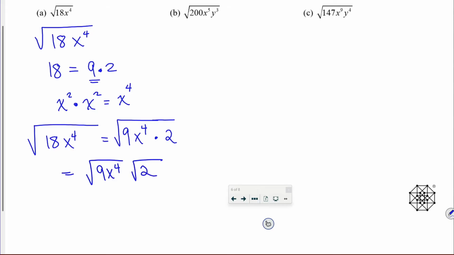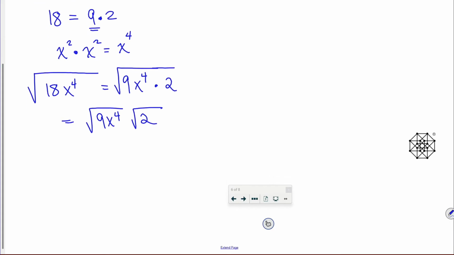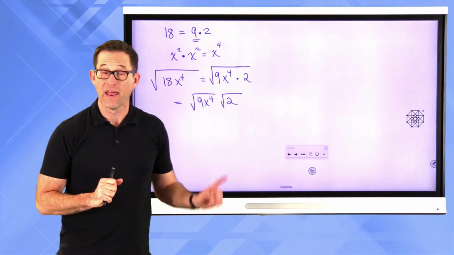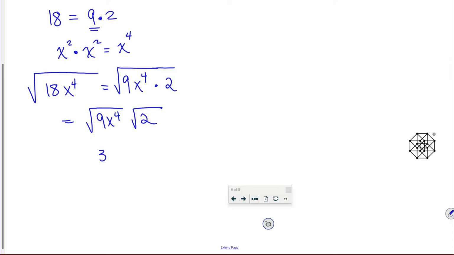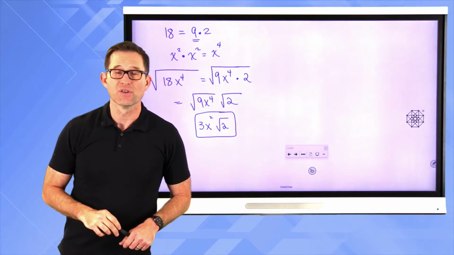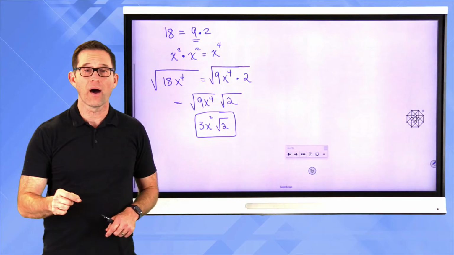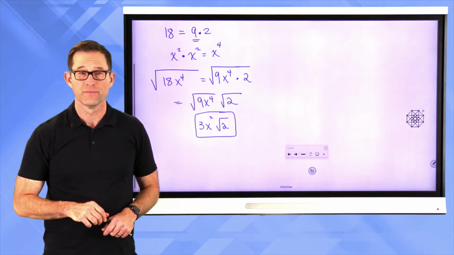I'm going to break it down into the square root of 9x to the 4th times the square root of 2. Now I can take the square root of each of these. The square root of 9 is 3. The square root of x to the 4th is x squared. And I can't do anything with the square root of 2, so I'm just going to leave it. So 3x squared times the square root of 2.